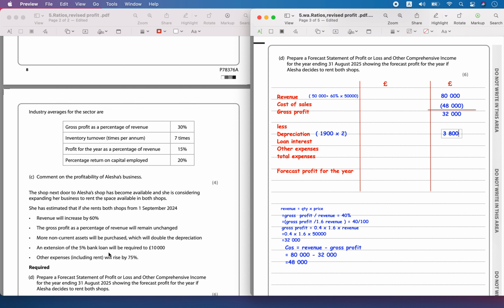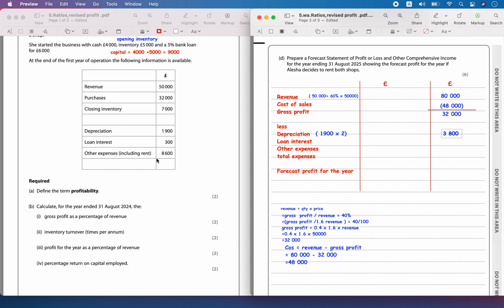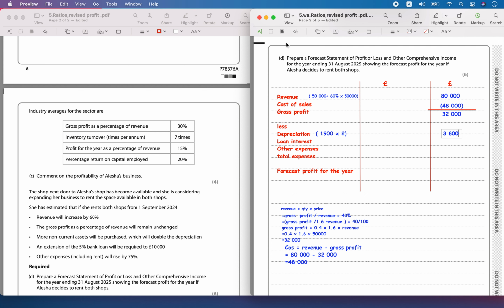An extension of 5% bank loan will be required to 10,000. So already they had loan interest at 300. So further there is an extension of 5%. So let's calculate 5% of 10,000.